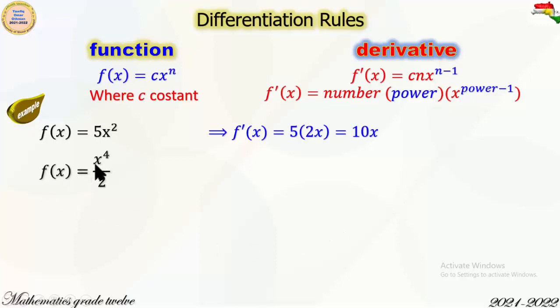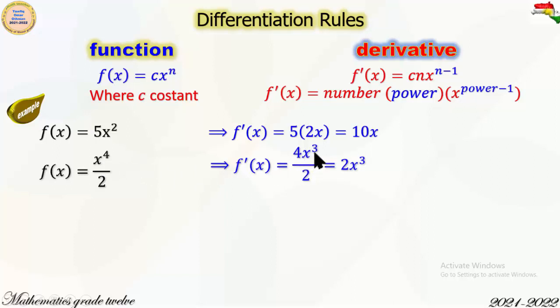F of x is equal x to the power 4 over 2. Because you have a constant at the denominator, therefore take only the derivative of the numerator. Then f prime of x is equal the derivative of x to the power 4, write 4, then x, 4 minus 1 is 3.